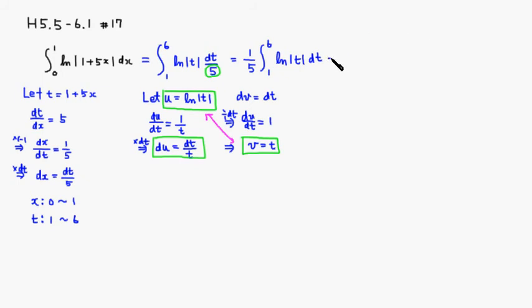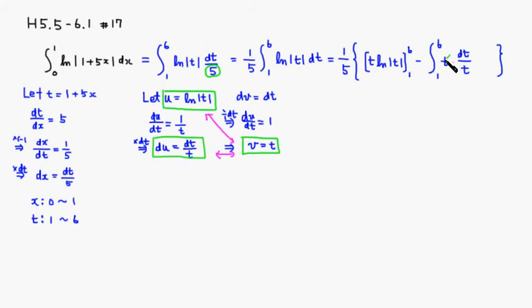So we get this. 1/5 is out here, then I'm going to put the big curly bracket. u times v would be t times natural log of absolute value of t, with the integral going from 1 to 6, minus the integral from 1 to 6 of v du. So it's going to be t times dt over t.